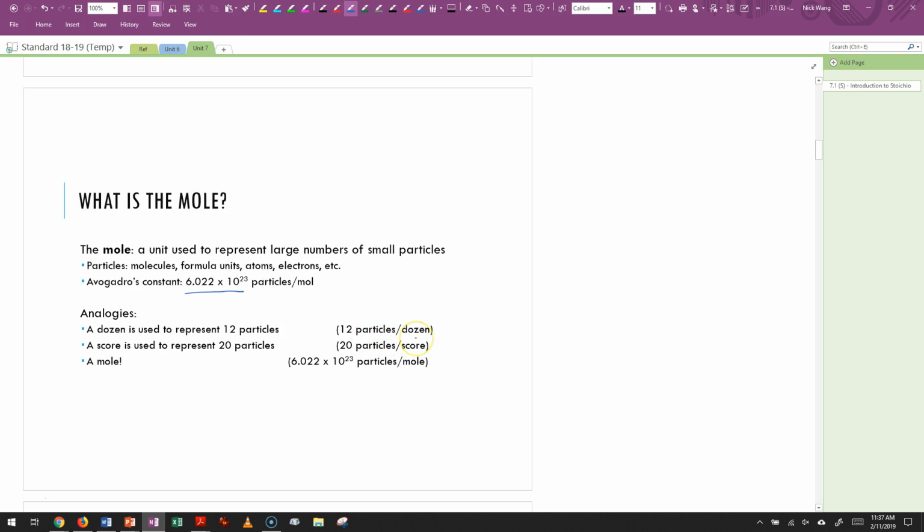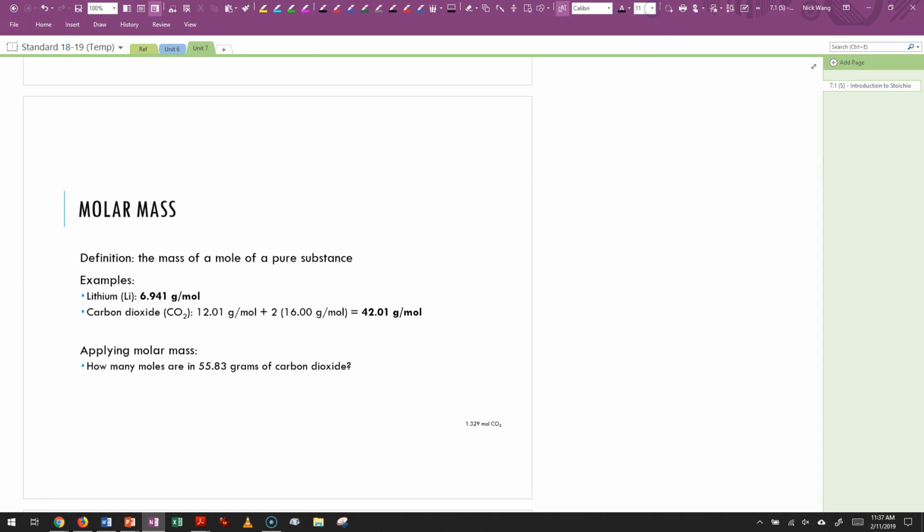Or a score is used to represent 20 particles, so 20 particles per score, so a number of particles per this new unit. And the mole is the same way. A mole is used to represent 6.022 times 10 to the 23 particles, which you can see also represented right here as 6.022 times 10 to the 23 particles per 1 mole.